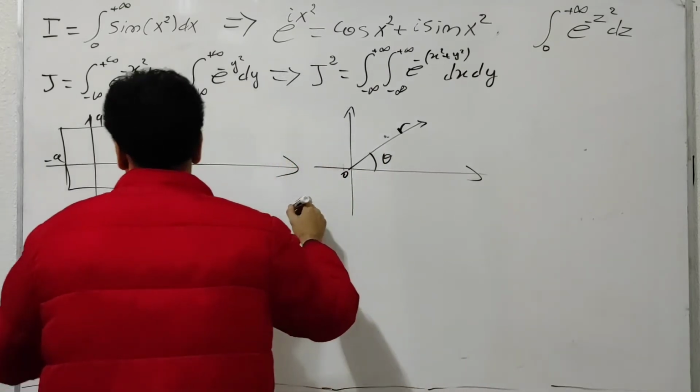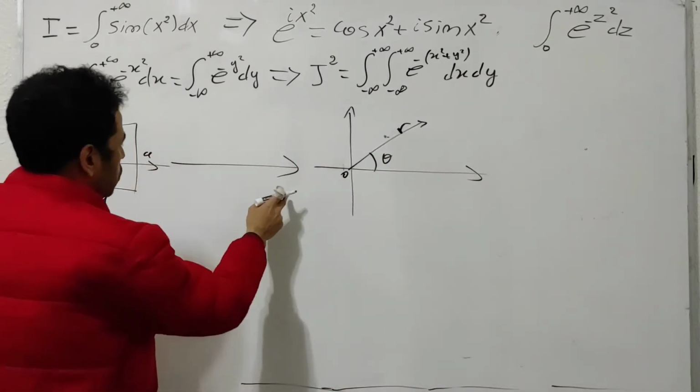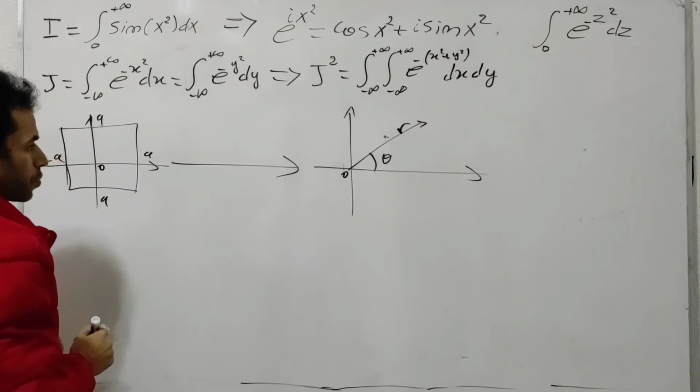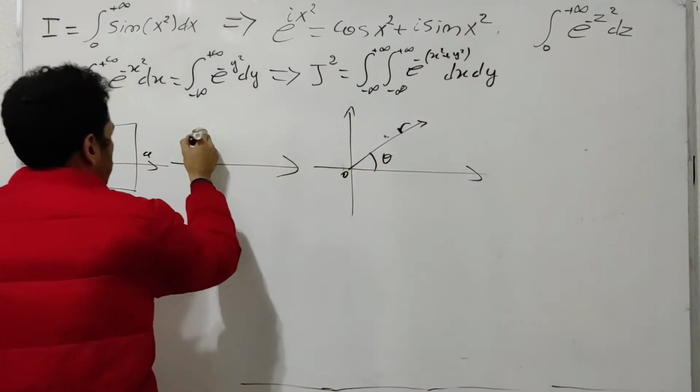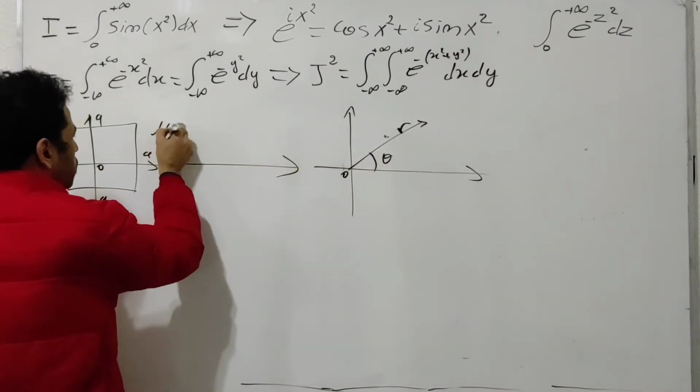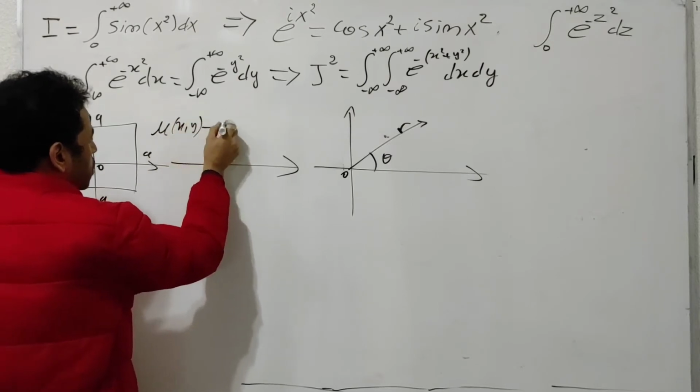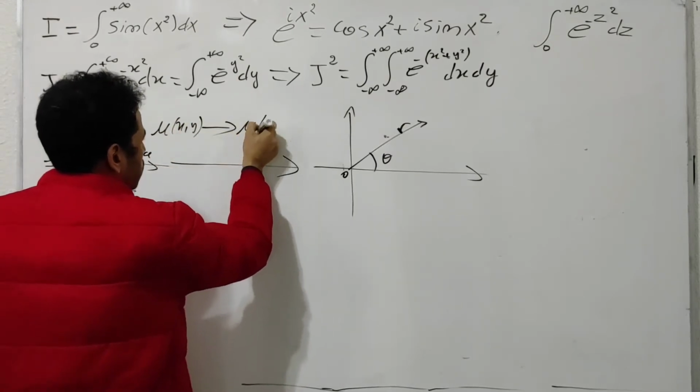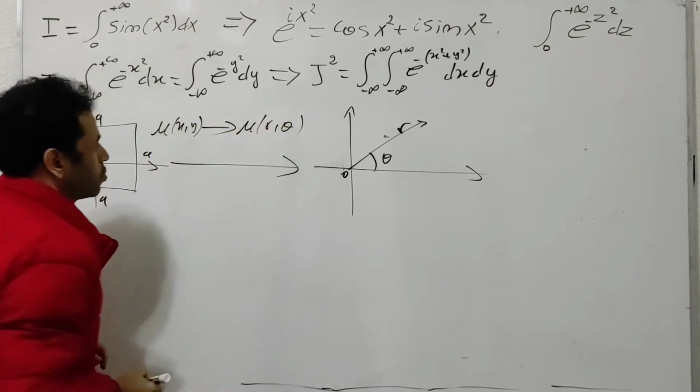From this one, from 0, we map this one to this one. Okay, I will have a transformation from x, y to r, theta in terms of r, theta.